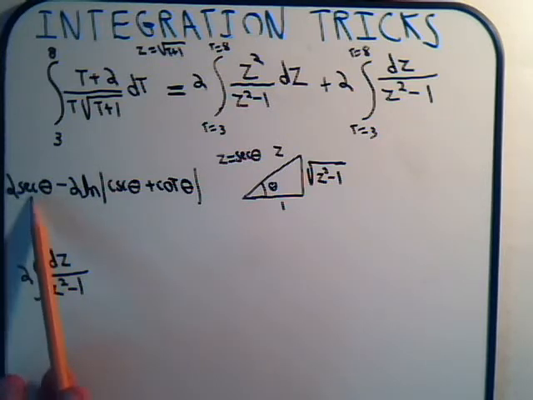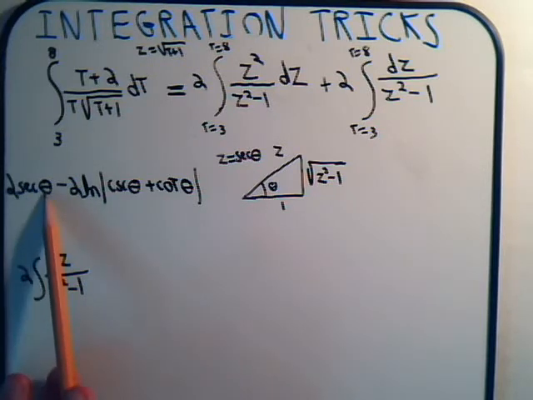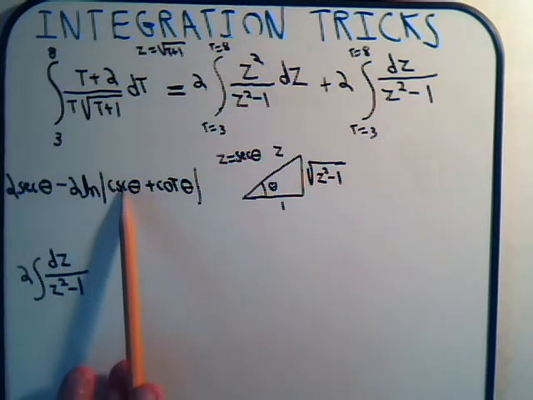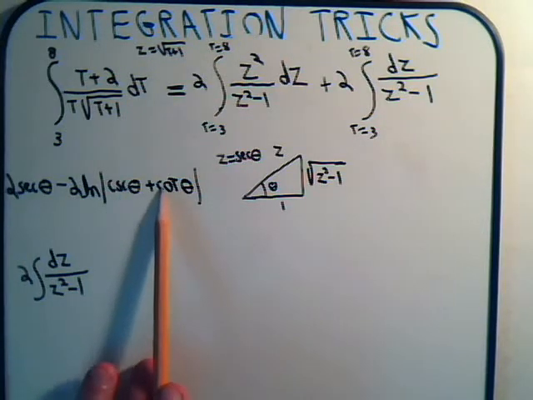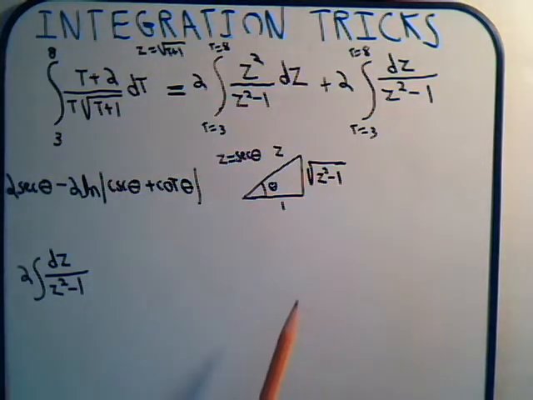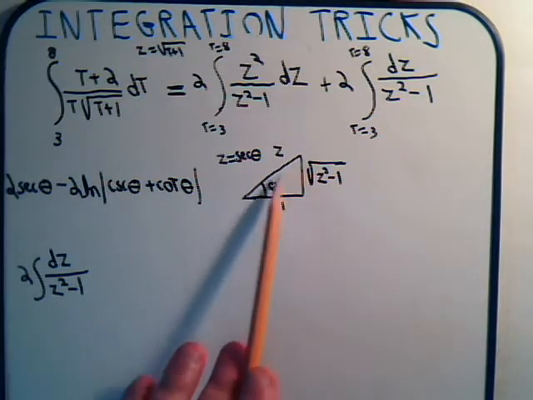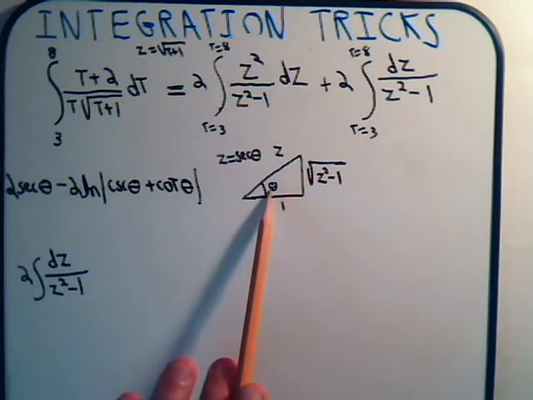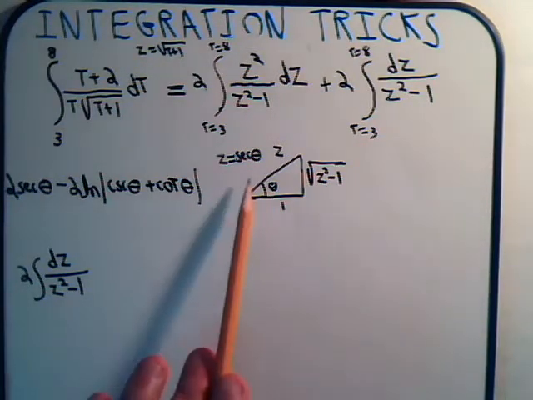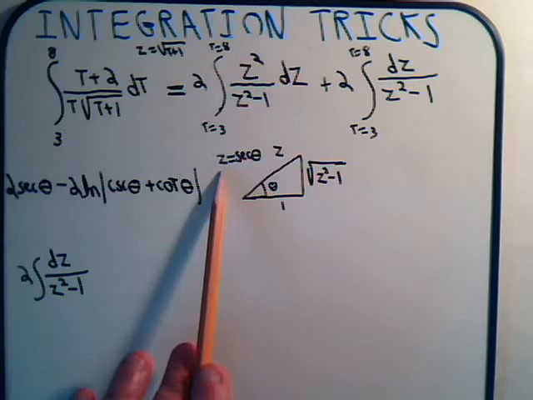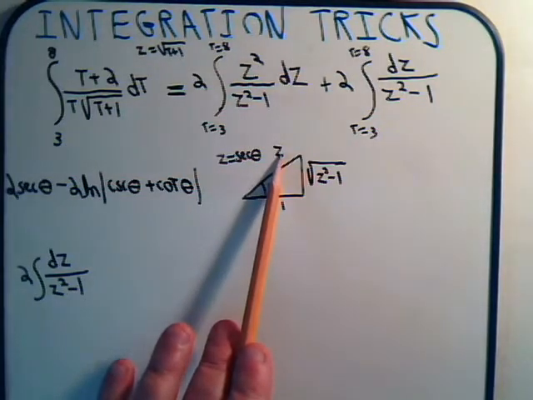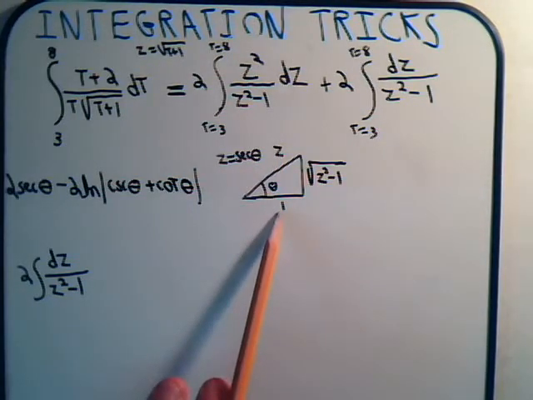And of course, you know what this is. The secant of theta is just z, but we have to determine the cosecant of theta and the cotangent of theta. So we do what we did before. We draw the triangle. Here's the angle theta, and the secant of theta, which is z, that's equal to the hypotenuse divided by the side adjacent.